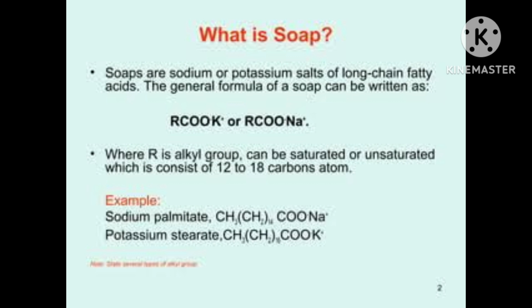The units normally used to express hardness are ppm, parts per million, or milligram per liter of calcium carbonate equivalents.